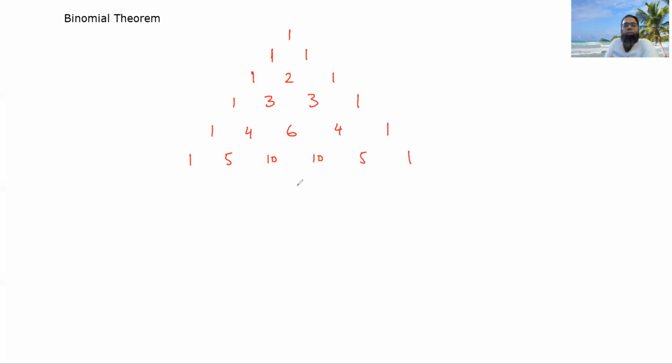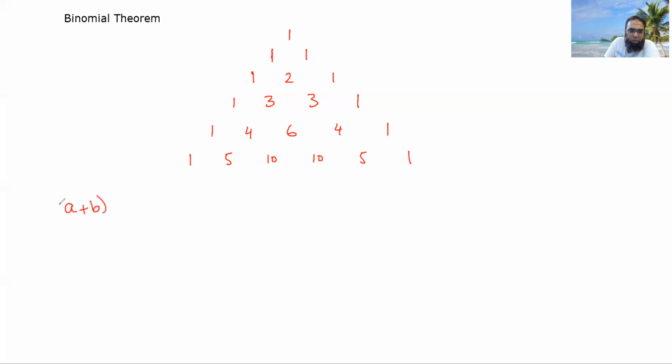Now, why is it important to know about Pascal's triangle while doing this binomial theorem? It is because a binomial is basically a polynomial with just two terms, and typically this is going to be a plus b.